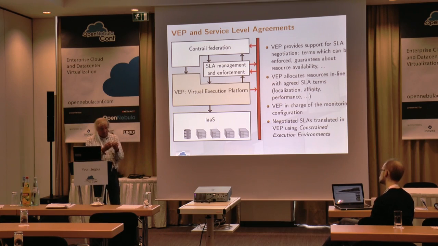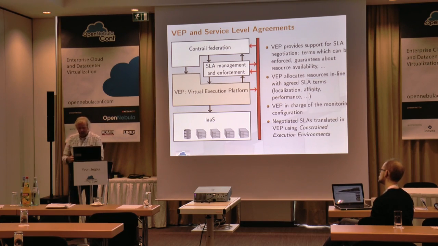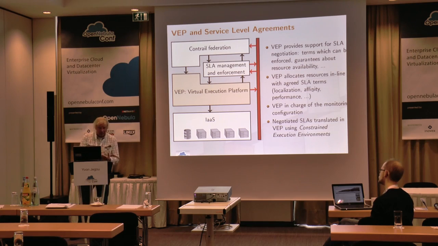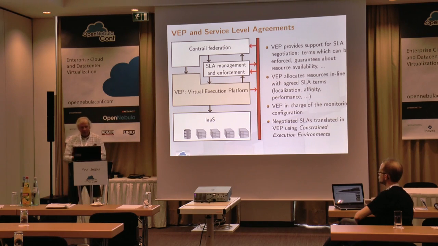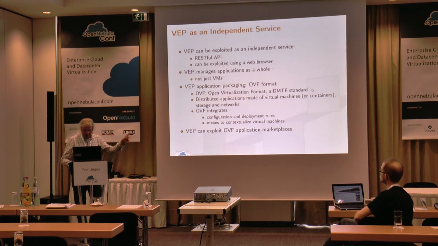And so resource allocation must be aware of what has been negotiated in the SLA. And as I will show later, the negotiated SLA is translated into a kind of virtual platform description, called the virtual execution platform, which integrates all the terms negotiated in the SLA. I will show that later.